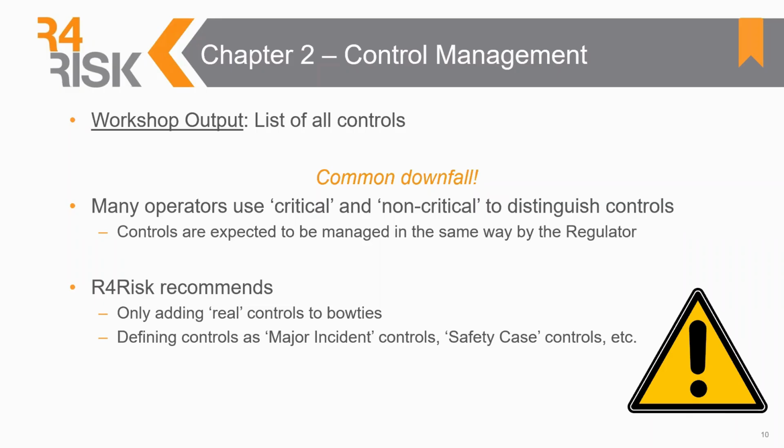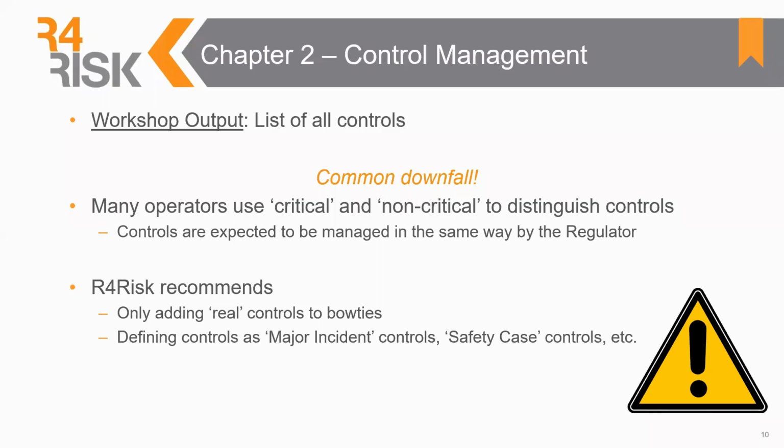The idea with this is normally a good one, to try and show that you have a lot of controls but only really want to manage the critical ones. However, this is a false economy, especially if you're under the major hazard facility regulations, as the regulator expects you to manage all your controls in the same way, and no site has the resources to do that.